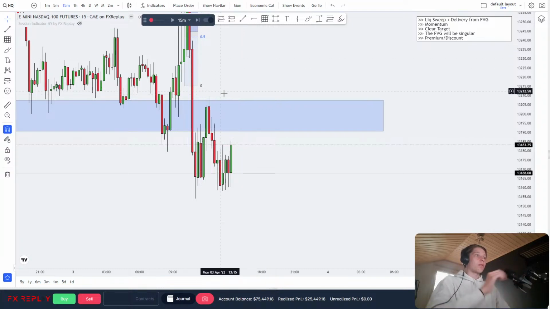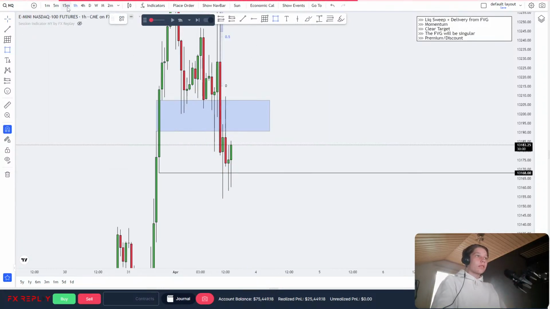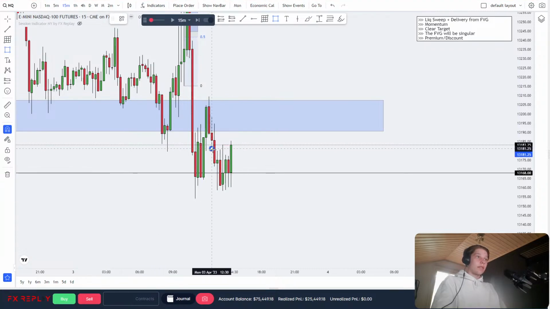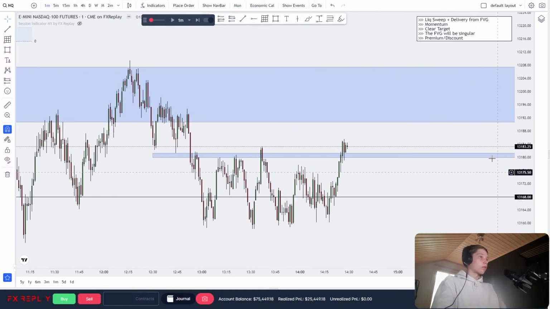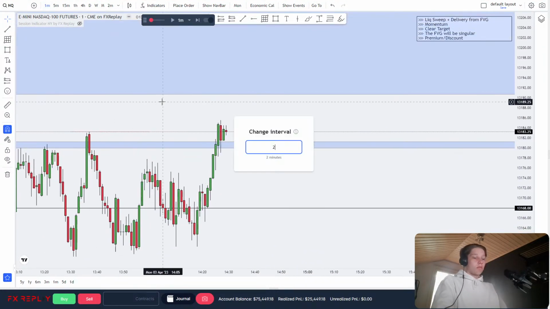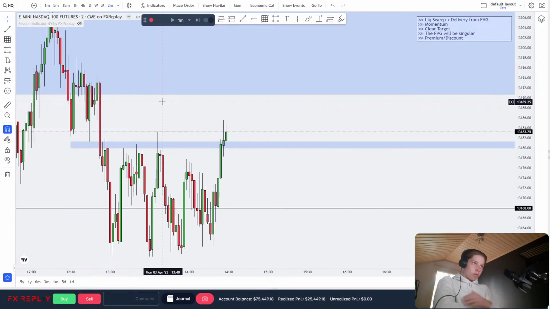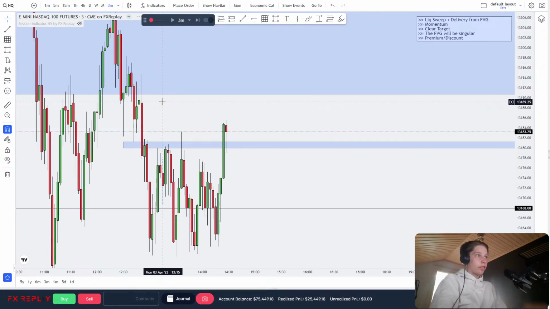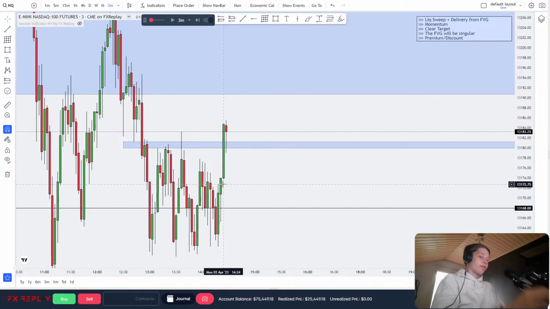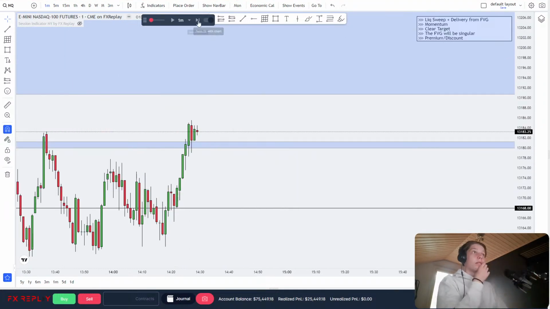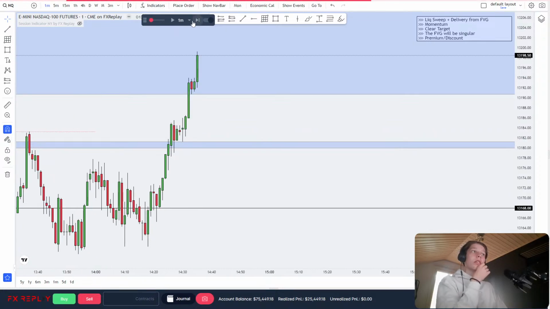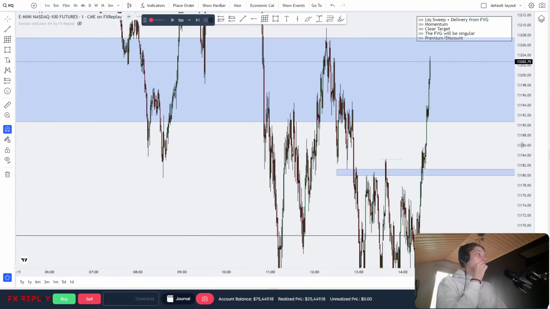So now we've swept that high. Let's see if we can still respect this gap. That would be amazing. Singular fair value gaps in this range. M3 there's small ones as well. M5 has one there. Okay, so we're not bearish anyways.